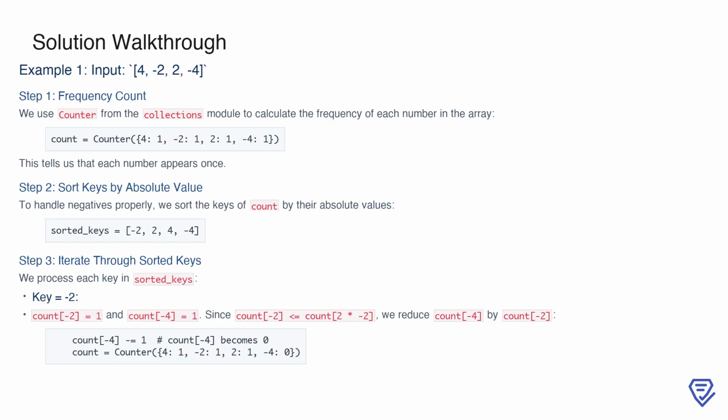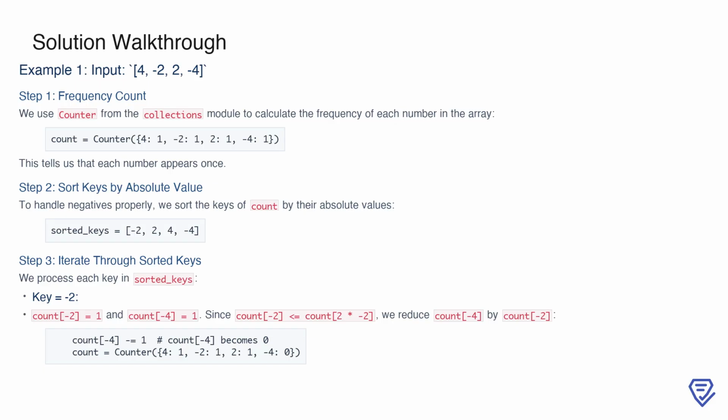Now, we iterate through these sorted keys. Starting with the key -2, we observe that count[-2] equals 1 and count[-4] equals 1. Since count[-2] is less than or equal to count[2 * -2], we reduce count[-4] by count[-2]. This operation updates the counts to count = Counter({4: 1, -2: 1, 2: 1, -4: 0}).